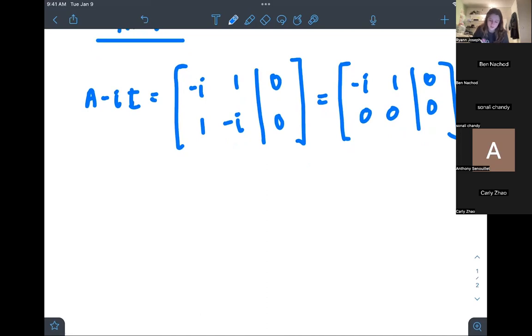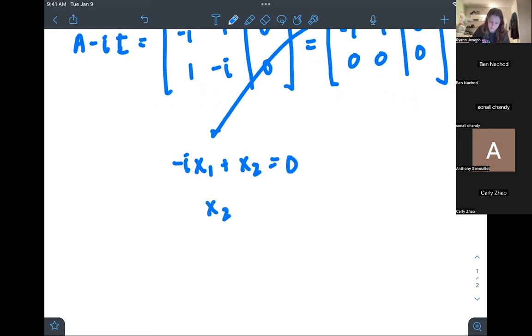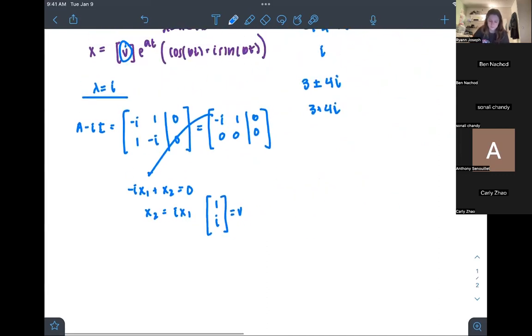We see that from here, negative i x1 plus x2 is equal to 0. So x2 is equal to i x1, which can be represented in the eigenvector in this form. So this is our generalized eigenvector for this system.